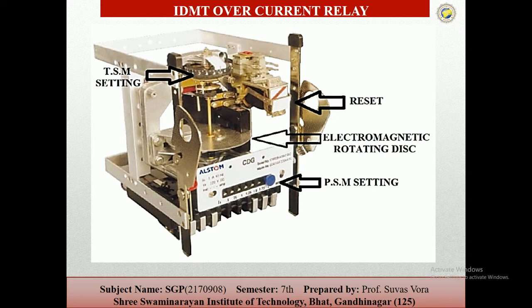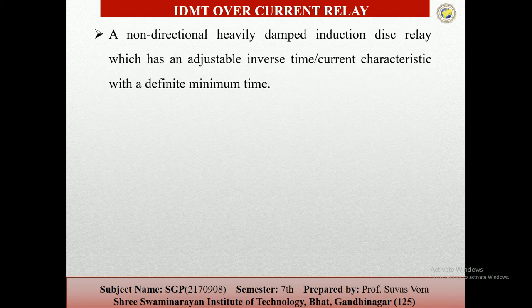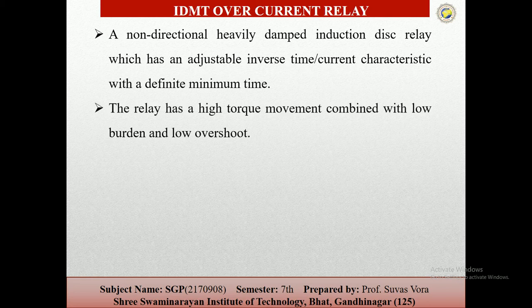So we can say that it is a non-directional, heavily damped induction disc relay, which has an adjustable inverse time current characteristic within the defined minimum times. The relay has a high torque movement combined with low burden and low overshoot.